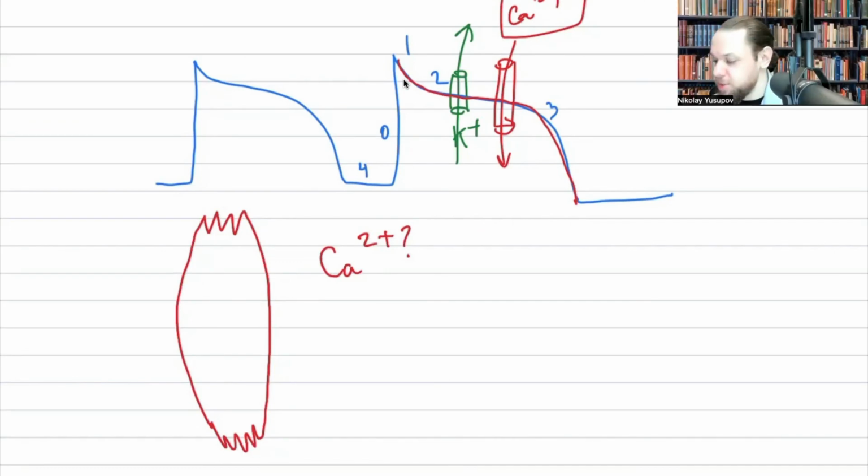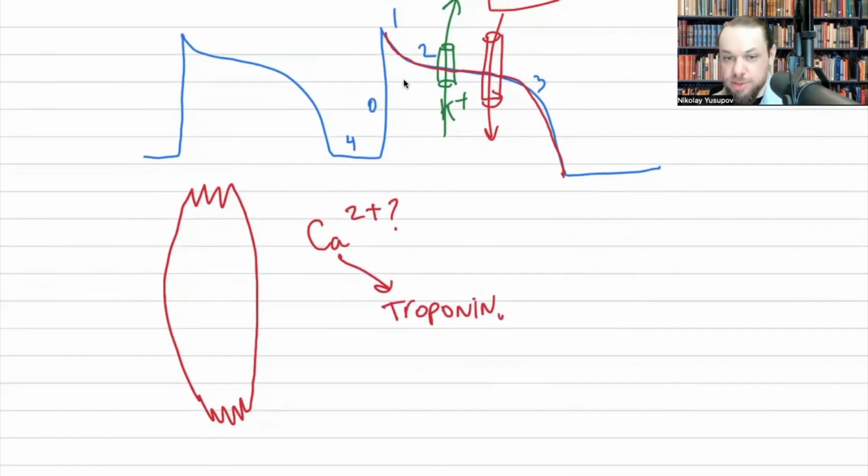Excellent, that's 100% right. So calcium comes in, binds to troponin. Once the troponin is bound, this is all on the thin filament. It's going to signal the tropomyosin to move out of the way, exposing the actin active site, where the myosin head can dock.